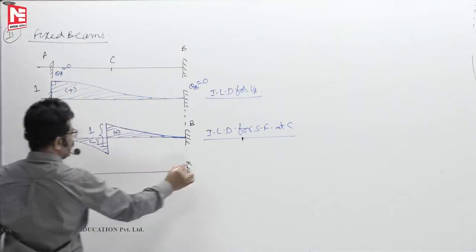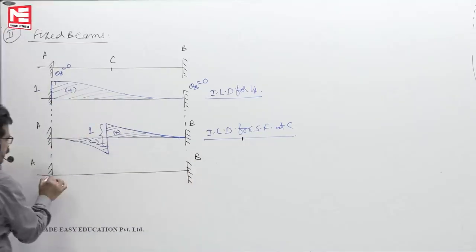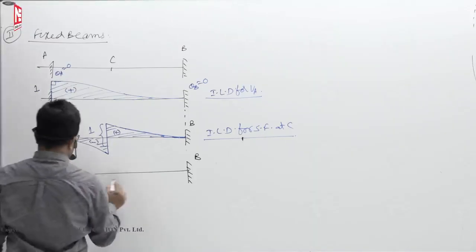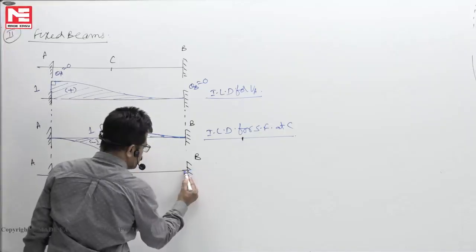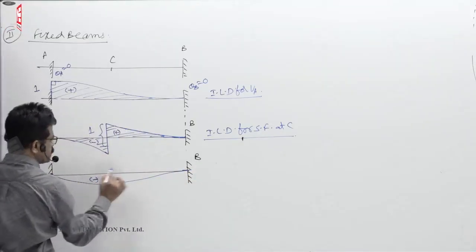This point let us say A, B. Without removing the support at B and A, assume an imaginary hinge and apply unit rotation. Then like this it will go, but here theta B must be 0, minus.